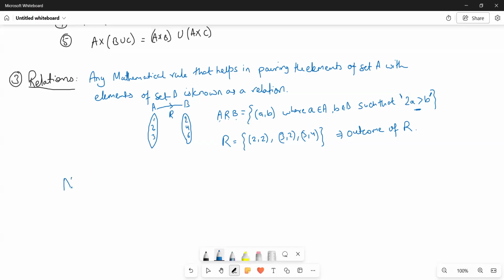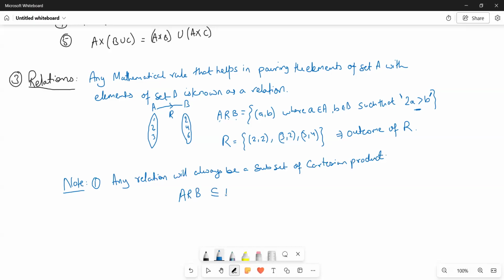Now again, note this. Any relation will always be a subset of the Cartesian product. Which means that any relation that we write, ARB, will always belong to A cross B. It's very simple to understand.